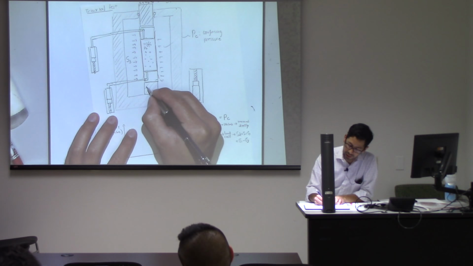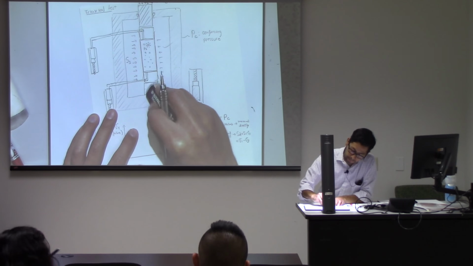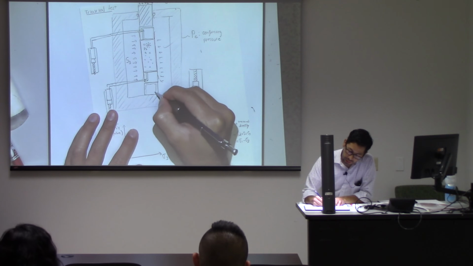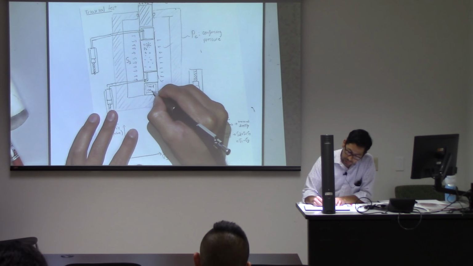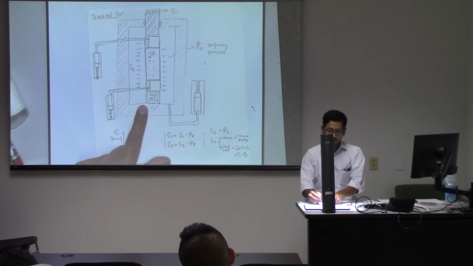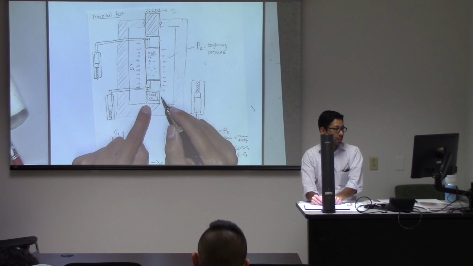So inside here, let me draw this a little bit different. If you have a load cell, notice that the load cell is going also to feel the pore pressure or the confining pressure all around the sample.